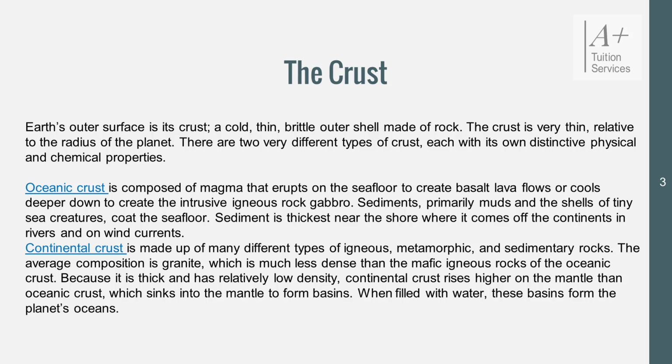Because it is thick and has relatively low density, continental crust rises higher on the mantle than the oceanic crust, which sinks into the mantle to form basins. When filled with water, these basins form the planet's ocean. So the fact that the rocks in the continental crust are lighter, they tend to float up above the denser oceanic crust.